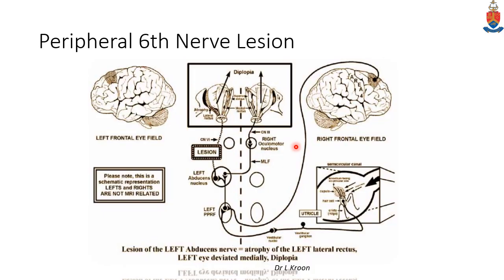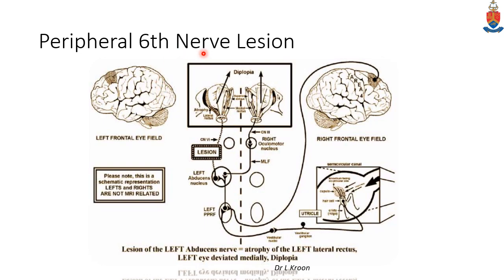It will then move the right eye to the left. Therefore, adducting occurs via this medial rectus of the right eye. So the normal frontal eye field on the right comes down and causes movement of the left eye to the left and movement of the right eye to the left as well. So this creates conjugated gaze.